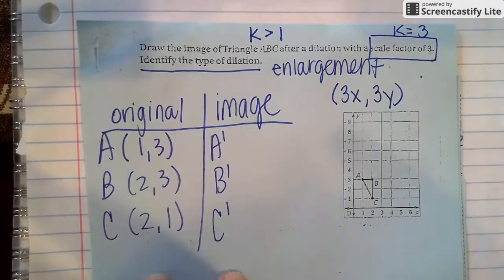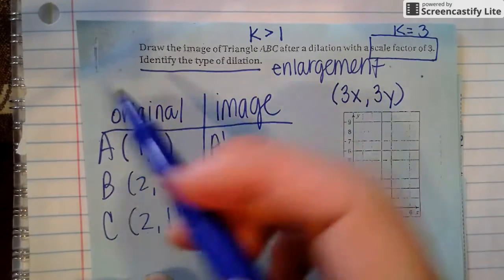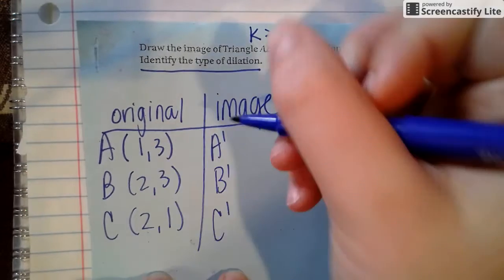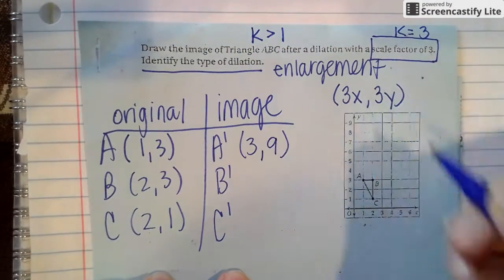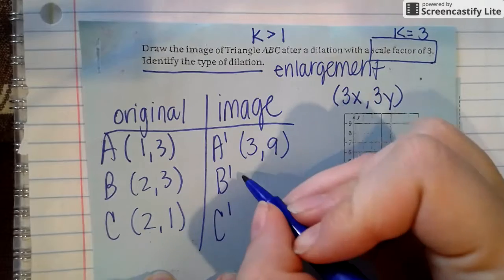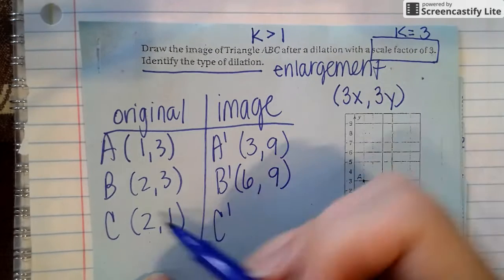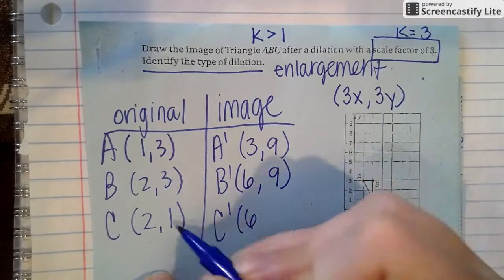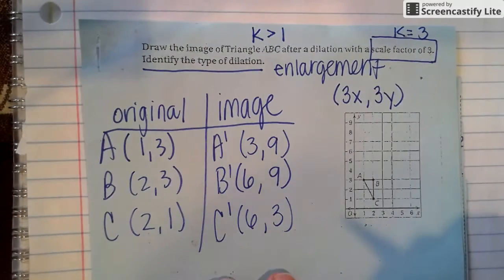It's sometimes easier to do the points first and then label your graph. So 1 times 3 is 3, 3 times 3 is 9, because that's my scale factor. 2 times 3 is 6, 3 times 3 is 9, 2 times 3 is 6, 1 times 3 is 3. So those are now my points.